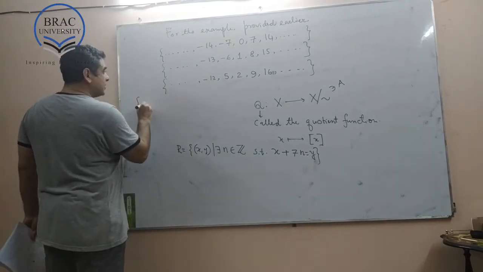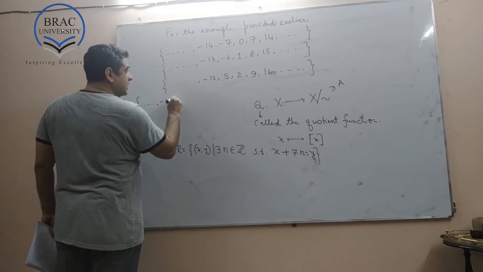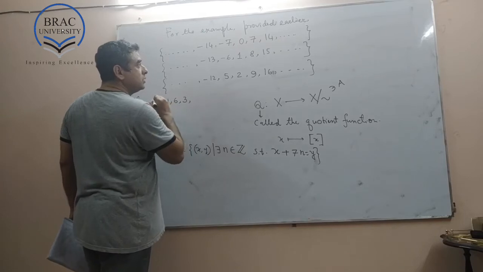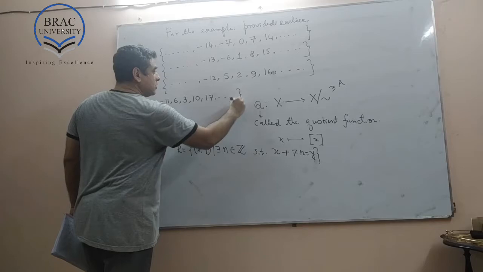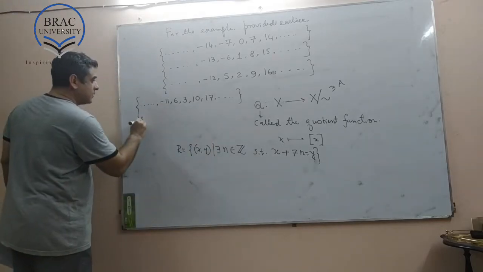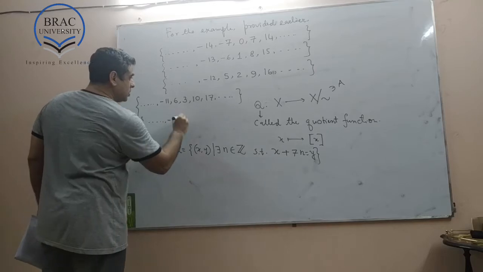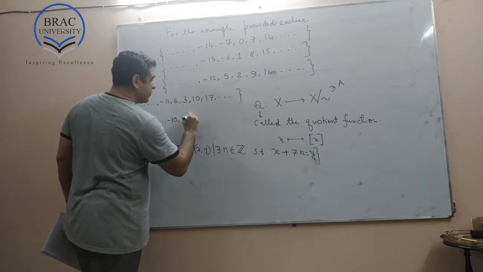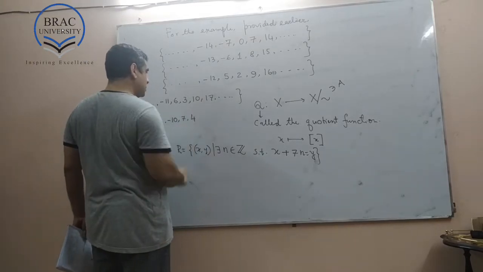Now we can form the fourth class, which is -11, -4, 3, 10, 17, and then comes -10, then we have -3, 4.